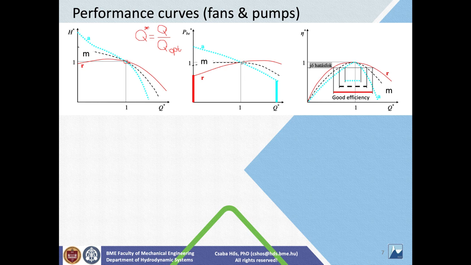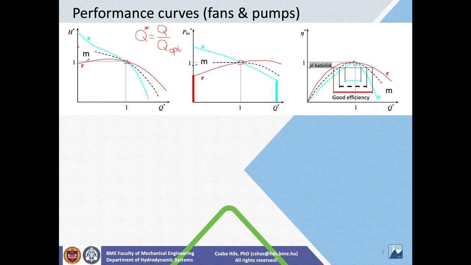Okay, so no matter if it's a radial or axial, a mixed pump, whether it's a small one or it's a large one, if you use this coordinate system, then all the curves will pass through the 1, 1 point. Okay, this is only needed to make a sensible comparison between the shapes of the curves.